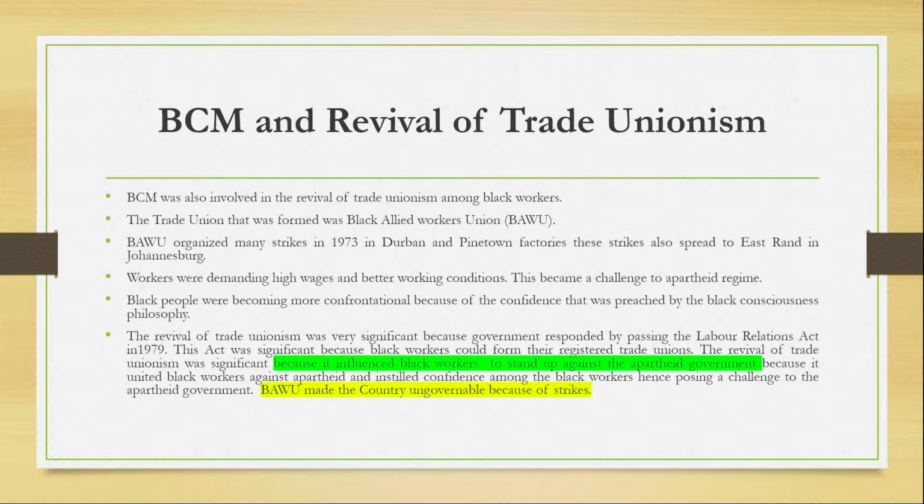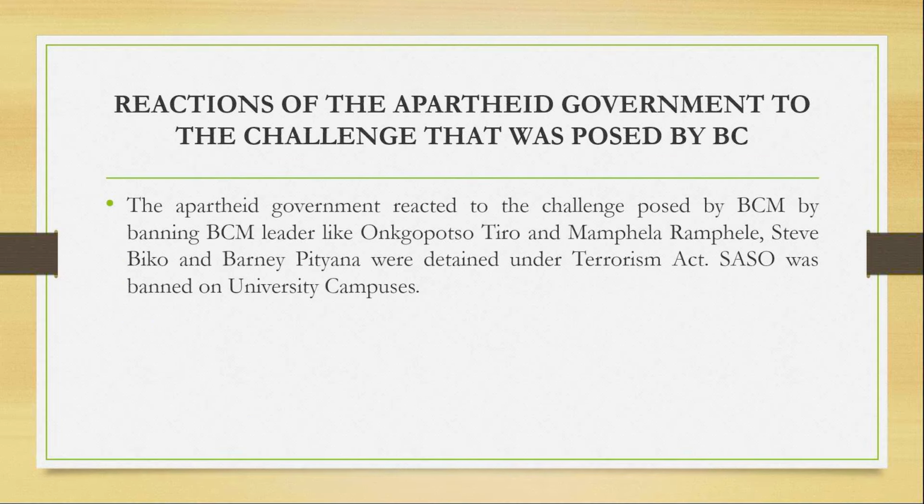The revival of trade unionism was significant because it influenced black workers to stand up against the apartheid government, because it united black workers against apartheid and instilled confidence amongst the black workers, hence posing a challenge to the apartheid government. The Black Allied Workers Union made the country ungovernable because of strikes. Now, which means that trade unionism was able to make people stand against the government. So that is how to critically discuss an essay.